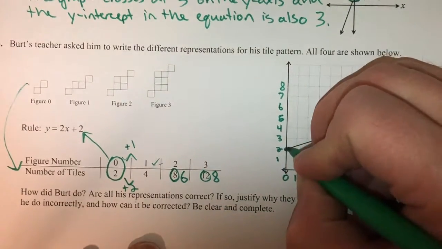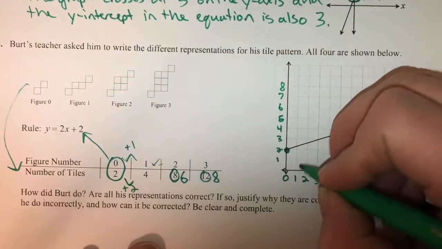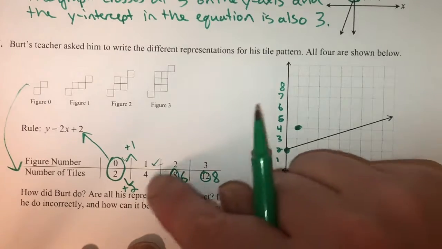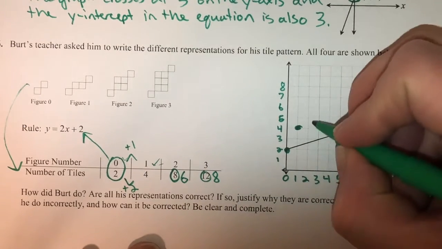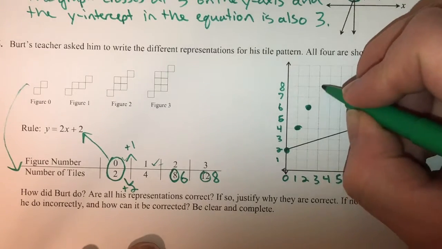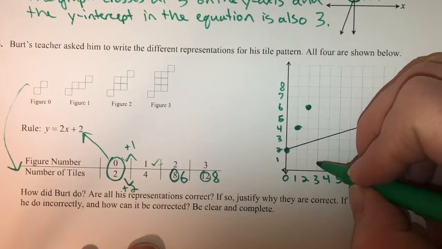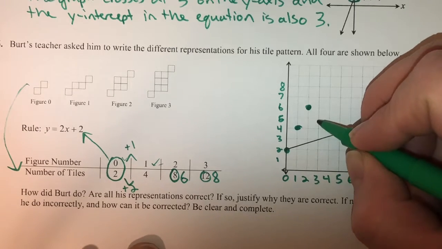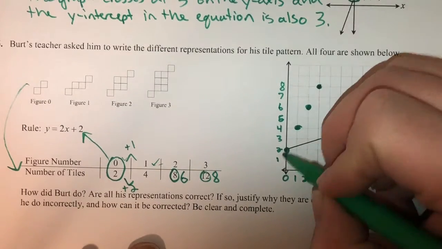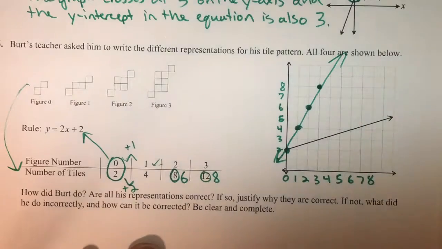So far, so good. 0, 2, looks good. 1, 4, oops, already. This is a mess up here. 2, 6. So we can tell here already that this one's actually gonna go off here. 3, 1, 2, 3, 4, 5, 6. No, it's off. I was looking at the old 12. So we've got our line, this is what it should look like. So we should correct that.